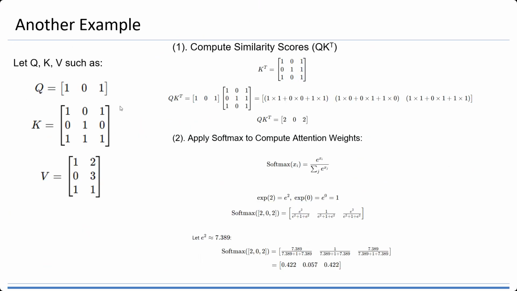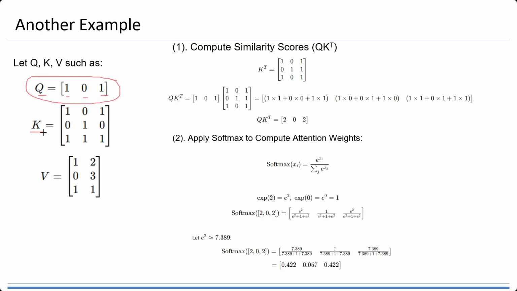So I give also another example. Actually, when you do Q, K, and V, you cannot just do it with a single value. Usually it is a vector. What is a vector? Usually we have something like this. The Q is 1, 0, 1.